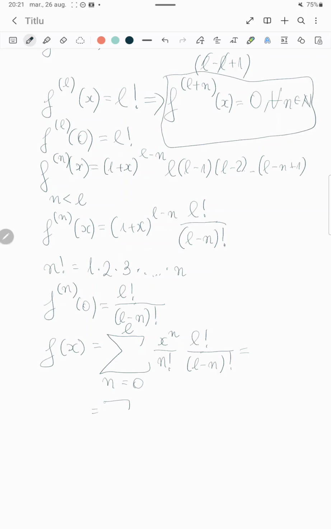So therefore it will be the sum from n equals 0 to L of x to the power of n, times L choose n.